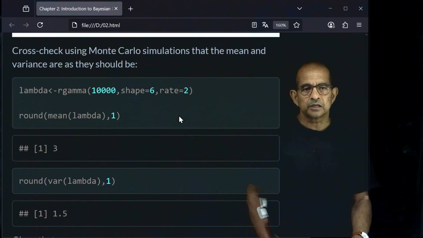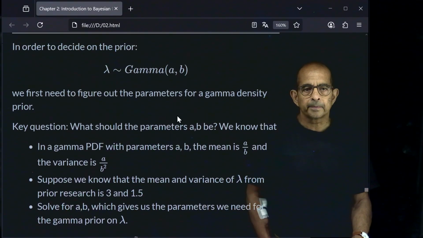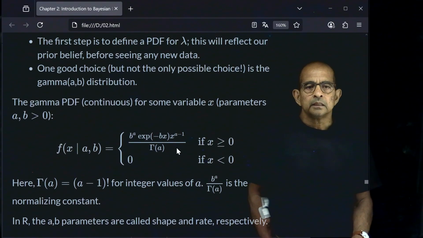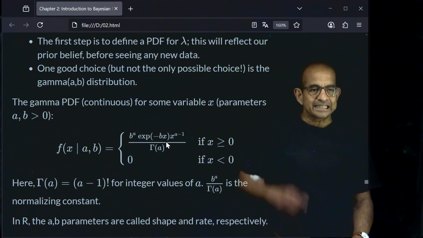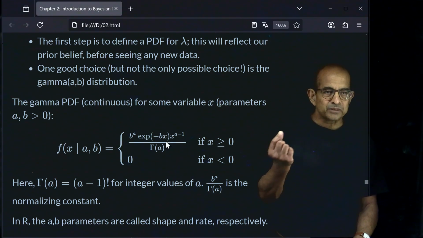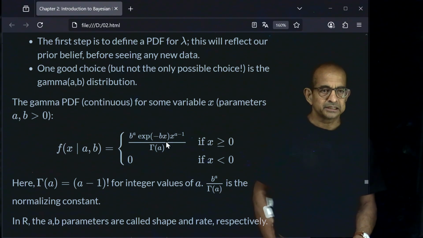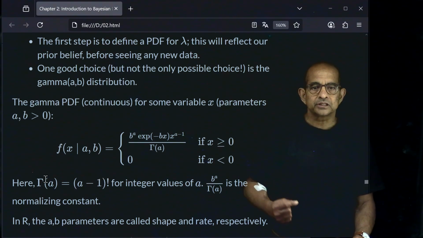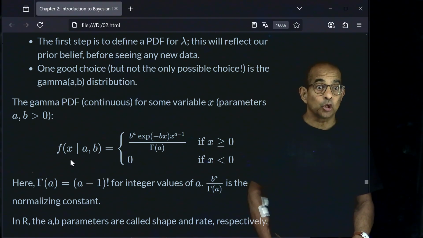Let's go back to the gamma distribution. For any variable x, the gamma distribution assumes that one of the terms there is minus b times x. That x there is the random variable that we are modeling, right? So in our particular case, that x is lambda, so the gamma distribution is a distribution on lambda.